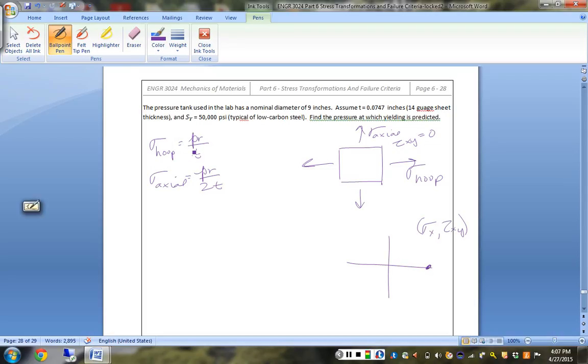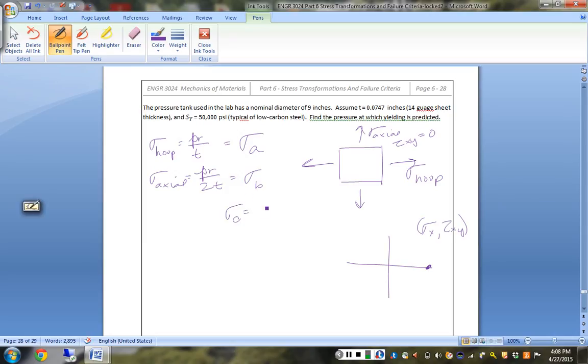So this is sigma A. And how do you know the difference between sigma A and sigma B? Sigma A is the bigger one. And so this one is sigma B. How do I know that? Because it's half as big. So that's my sigma A, that's my sigma B. What's my sigma C?